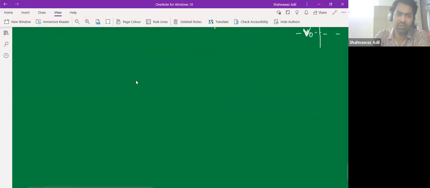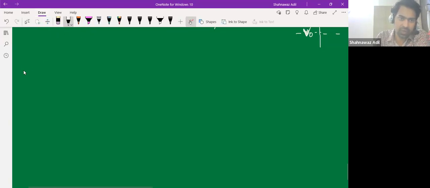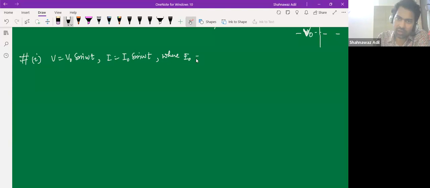So we understood that we had a voltage supply which was this, and then in the resistive circuit we got this current, right? Where this I naught is V naught by R. This is the first thing that we got.